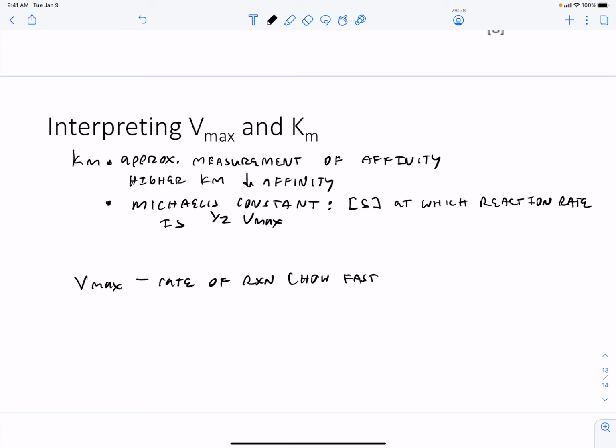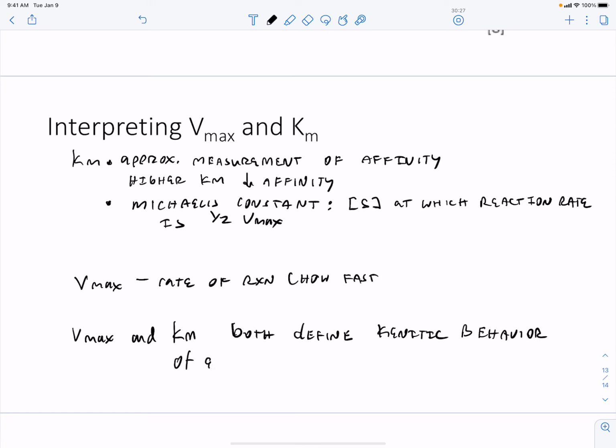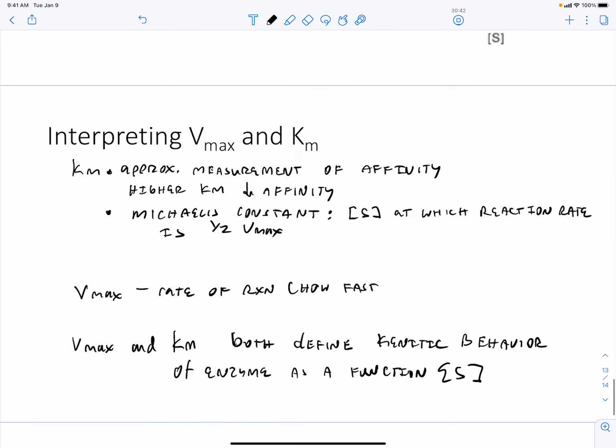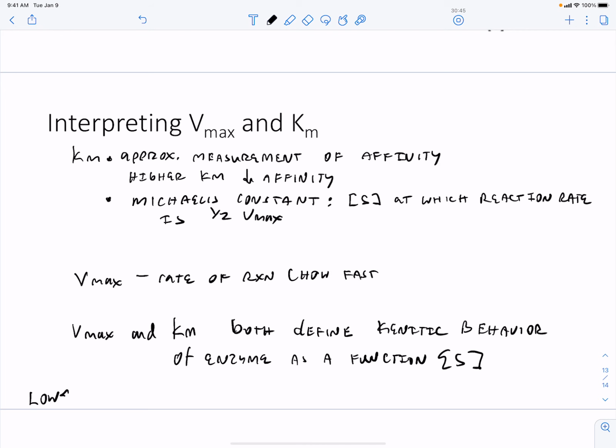And Vmax and Km are going to define the kinetic behavior of an enzyme as a function of the substrate concentration. And so again, if you have a low concentration of substrate, you are basically at first order.